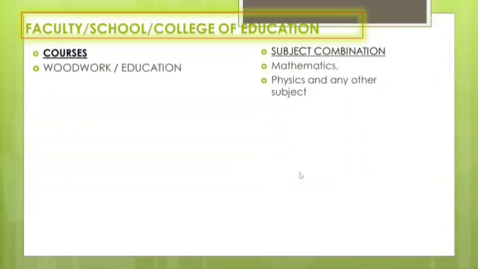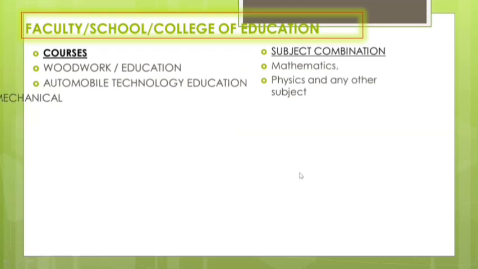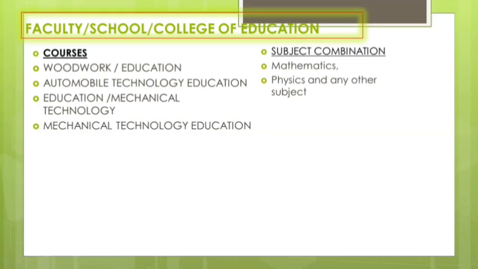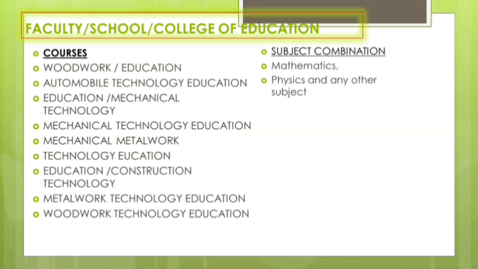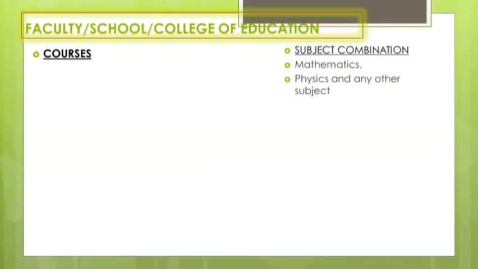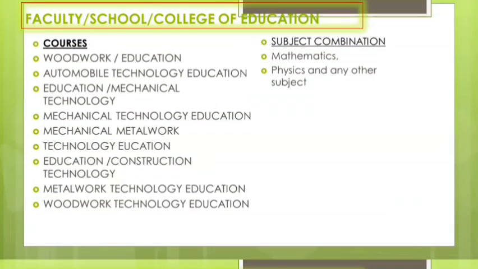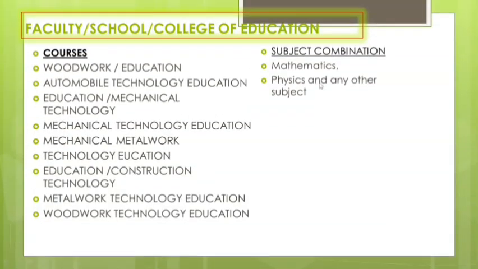For candidates applying for woodwork or education, automobile technology education, mechanical technology education, mechanical metalworks, technology education, construction technology, metalwork technology education, woodwork technology education, your JAMB subject combination include mathematics, physics, and any other subject.